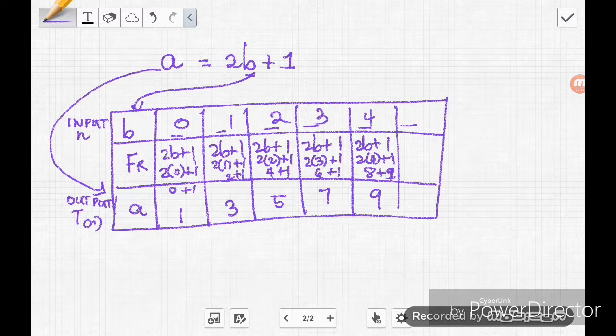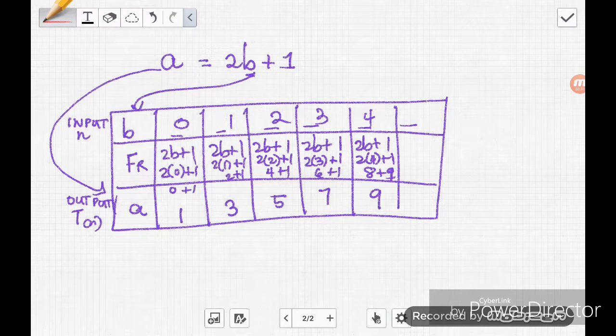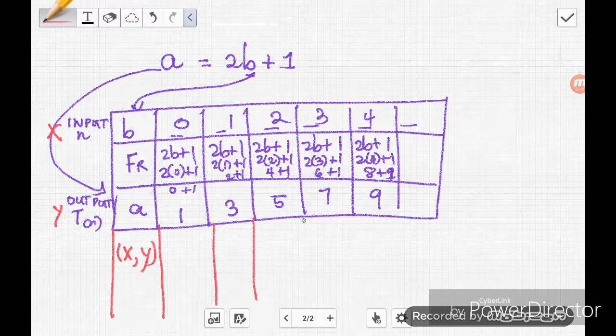Okay, now, in the beginning, we said that the input number will eventually be your x coordinate and the output will be y. So how do we write our coordinate pairs? We put them in brackets. X is always the first number, y is the second one. So let's put the things here in coordinate brackets.